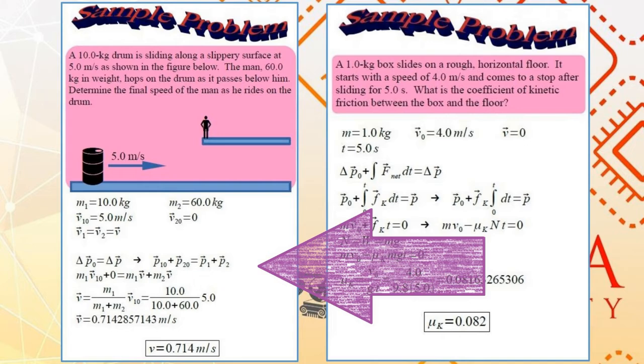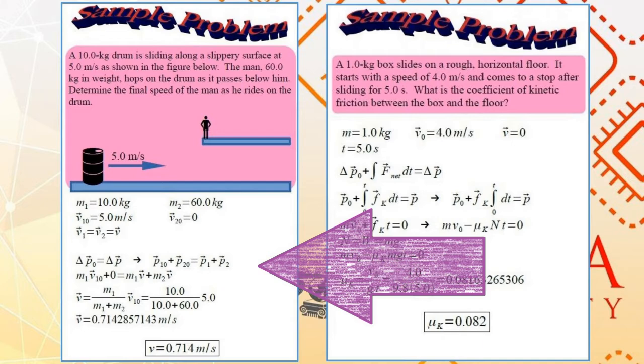Now, we're talking about vector quantities here, so we need to use our vector analysis component method. The motion is just along the x-axis, so no y component. We can go directly to the x component.